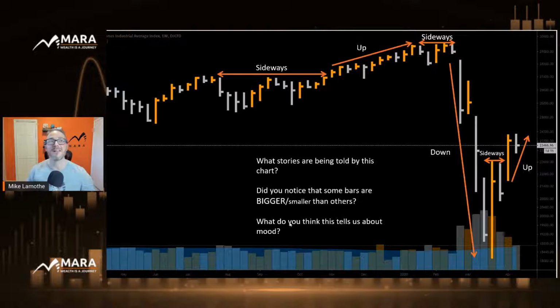If the market is falling like this, I wouldn't say that it's unhealthy. Who's to say what's healthy versus what's not healthy? But you could understand that the mood is selling, that the mood is fearful, that it's being sold off with a level of ferocity. That this sell-off is quite different than this sell-off over here.